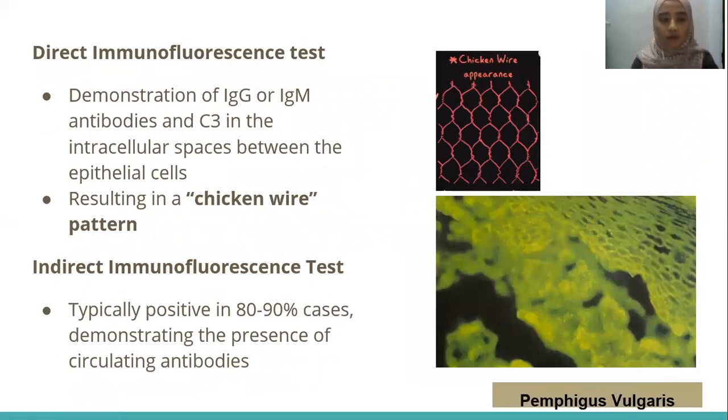For direct immunofluorescent tests, there will be demonstration of IgG or IgM antibodies and C3 in the intercellular spaces between the epithelial cells, resulting in a chicken wire pattern. This can be shown in the picture on the right side here. And indirect immunofluorescent tests typically will be positive in 80 to 90% of the cases, demonstrating the presence of circulating antibodies.